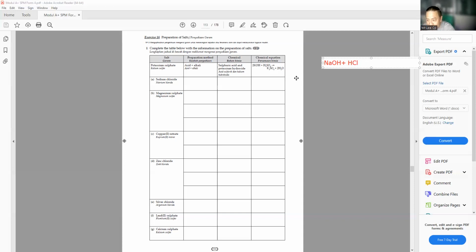NaOH right here. Very long. Then you need to neutralize it. You need to balance it. Become NaCl and H2O.